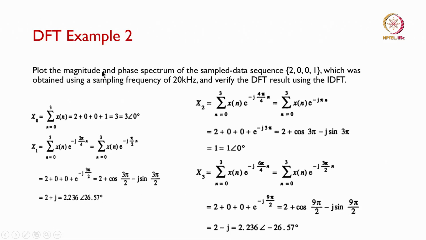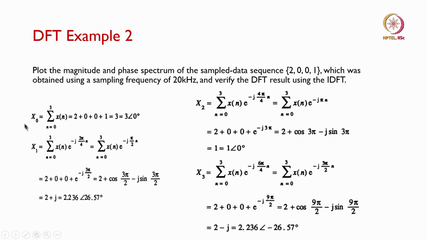We have to plot the magnitude and phase spectrum of the sample data sequence, just 2, 0, 0, 1, a 4-point sequence, which was obtained using a sampling frequency of 20 kilohertz, and verify the DFT result using the IDFT also. Whatever DFT values we get, to verify them we do the IDFT and get back the signal. Because it is a small example, we have taken 4 points.